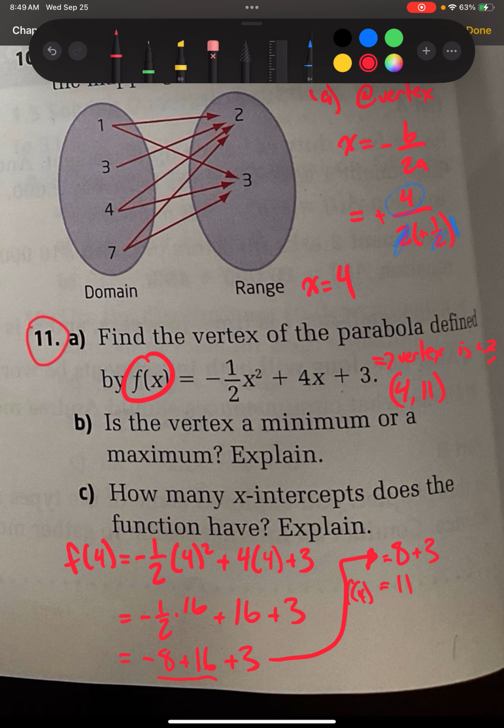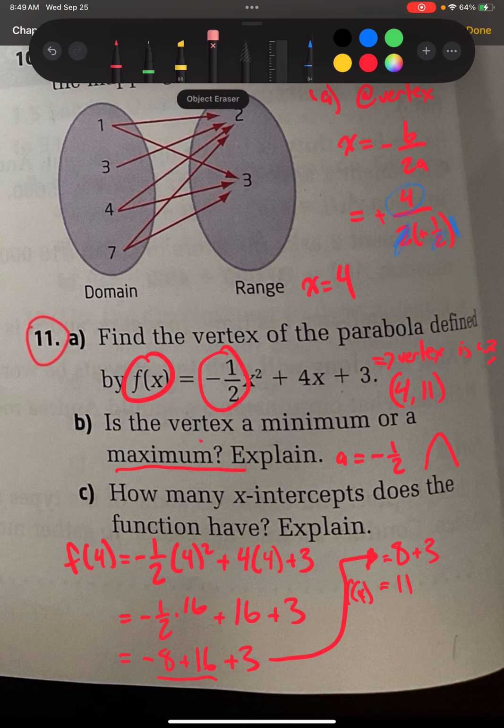Is the vertex, part B, is the vertex a minimum or a maximum? Well, we know that a equals minus half. That means, right? That means it's actually flipped. So that would make it a maximum.